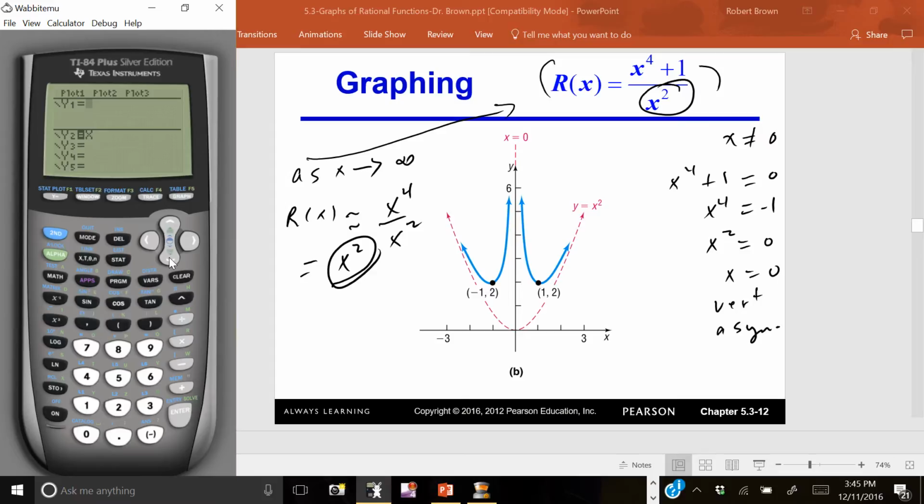And let's go ahead down here and put in the function that it's going to approach, which is x squared. And then for y1, we'll put the function itself, which is x to the fourth plus 1 divided by x squared.